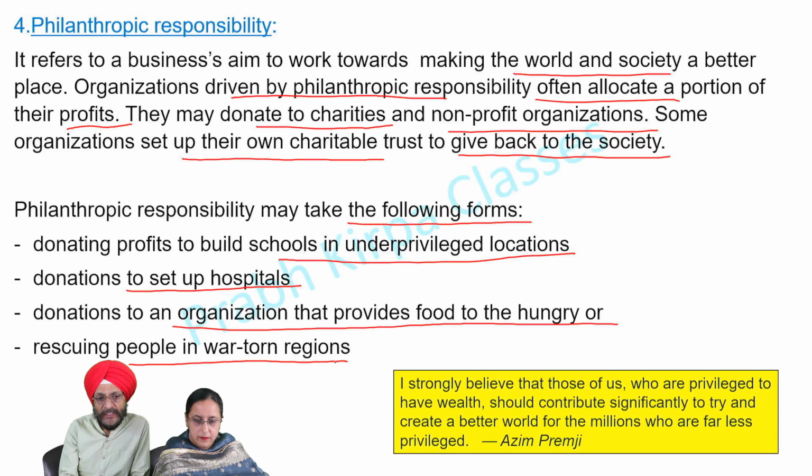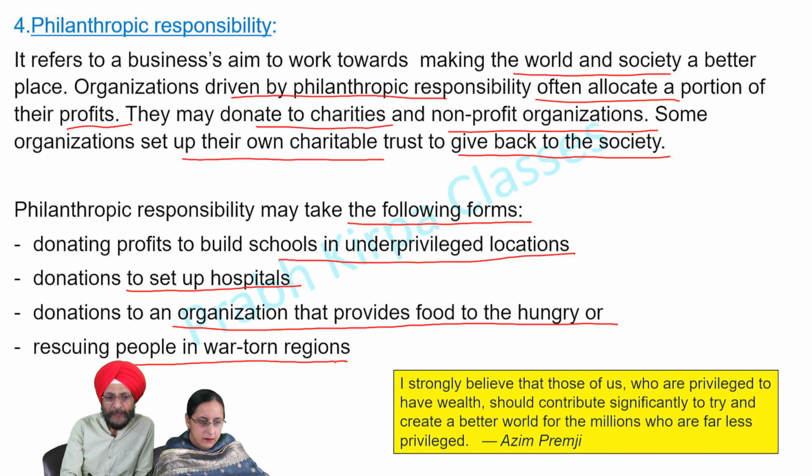Some of the known names in the field of philanthropic responsibility are Azim Premji, Warren Buffett, Bill Gates. The list is endless. Azim Premji was the chairman of Wipro, an Indian enterprise which has its operations in many countries of the world.